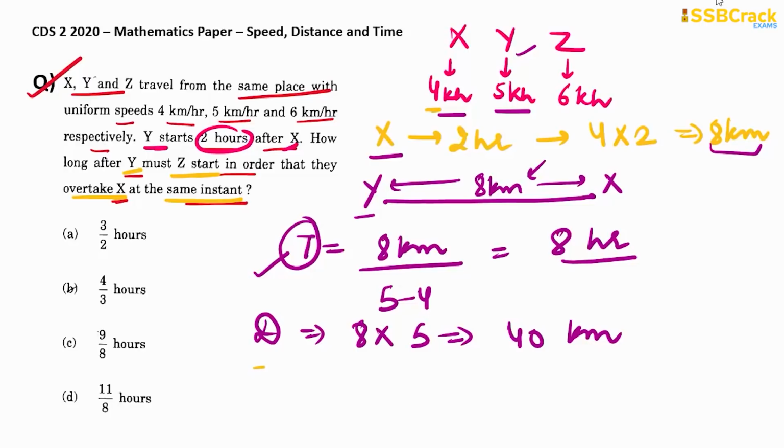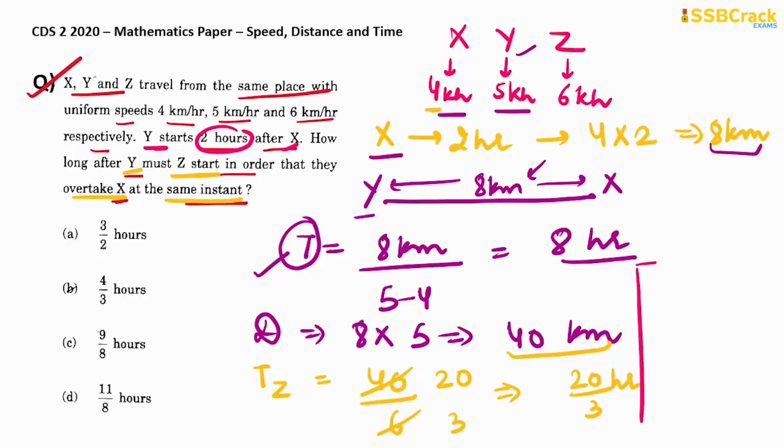So the time taken by z to cover 40 kilometers will be 40 upon the speed of z, which is 6 kilometers per hour. So 2 twos are 4 and in the denominator it will be 3. So the time taken by z will be 20 by 3 hours. Now time taken by y to overtake x was 8 hours.